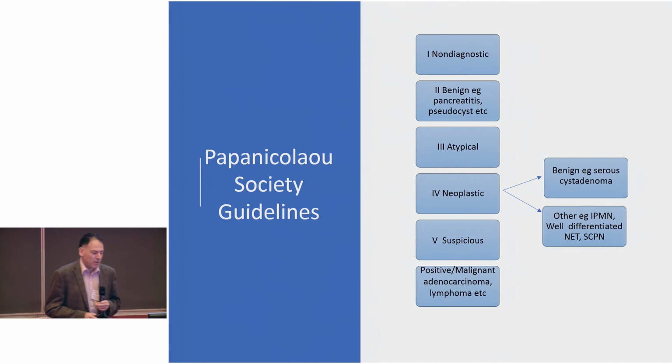I don't think these have caught on very well in Europe. I'm not sure. I don't think there are many centres which are using these. The problem that we have with them is that going from 5 categories to 6 categories could cause confusion. But they do have some inherent advantages.